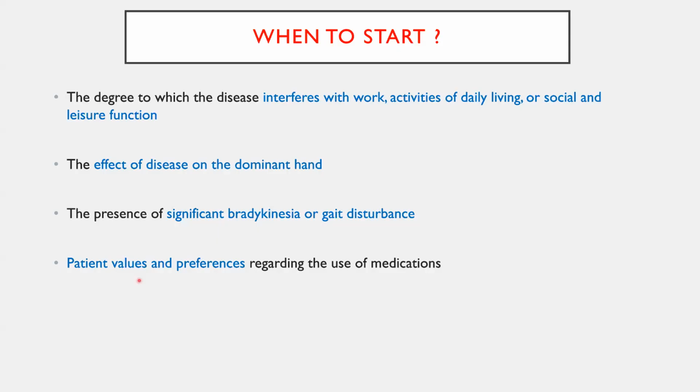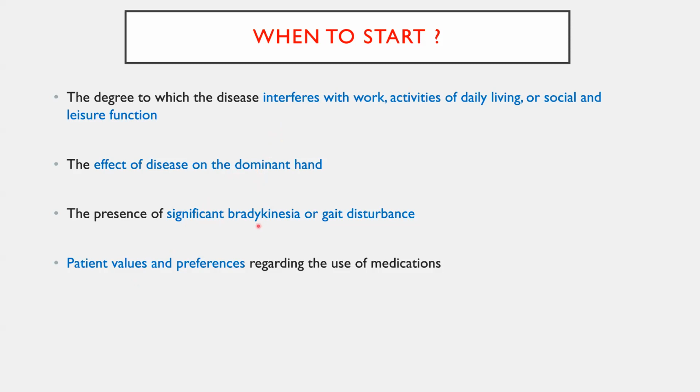So next question would be when to start. For all patients we need to start, or should we wait? It mainly depends on the patient's activities of daily living. You need to ask about daily ADL, whether these symptoms, tremors or rigidity or postural instability, are affecting his routine activities for work, social or leisure activities, and predominantly affecting symptoms in the dominant hand, significant bradykinesia, and gait disturbances.